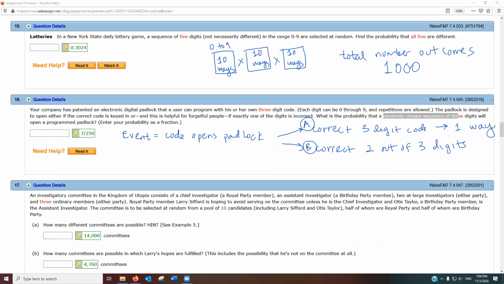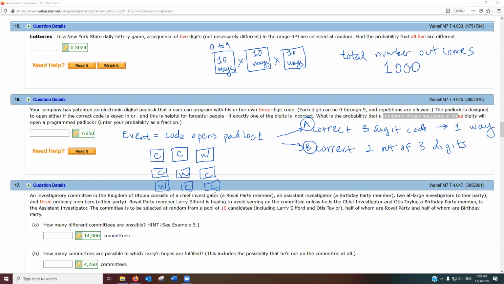But event B is a little trickier. What if you want to get 2 out of 3 correct? Well, let me think about the different scenarios for that. Here's what can happen. I can get this correct, and this wrong. That's one way. Or I could get this correct, and the middle digit wrong. Or I could get the first wrong and the next 2 correct.